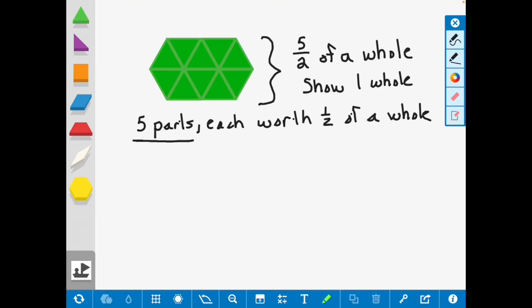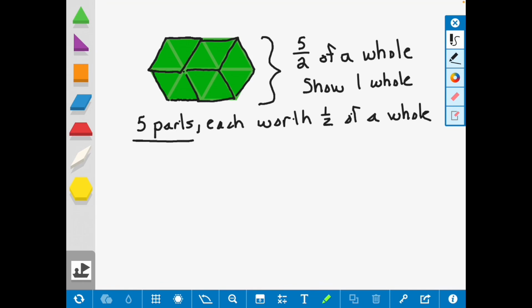The goal is to have equal size parts, and right now I have all green triangles, and I can count them up. I have 1, 2, 3, 4, 5, 6, 7, 8, 9, 10 equal parts right now, but I only need 5 equal parts, so I know that I can circle every 2 triangles and I'll end up with 5 equal parts.